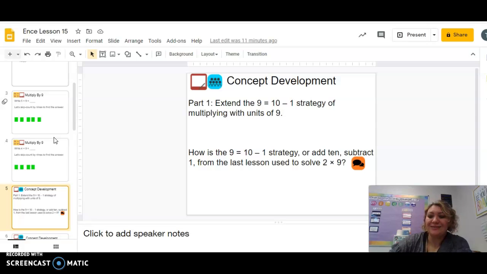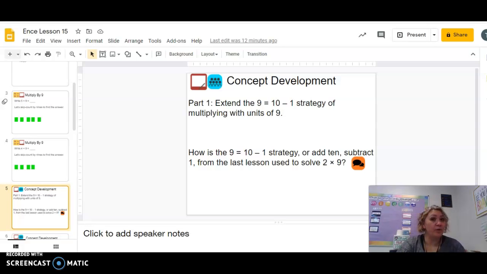So 2 times 9 would be, first we would do 1 times 9, which equals 9. And to figure out what 2 times 9 is, we would multiply 2 times 9.